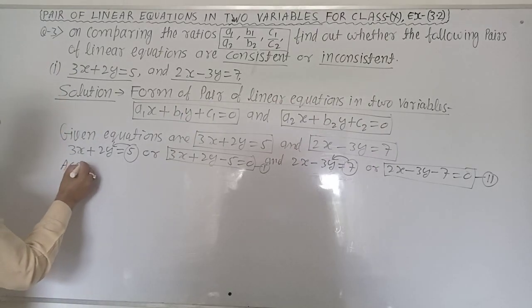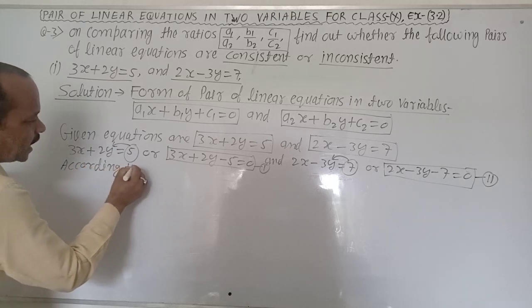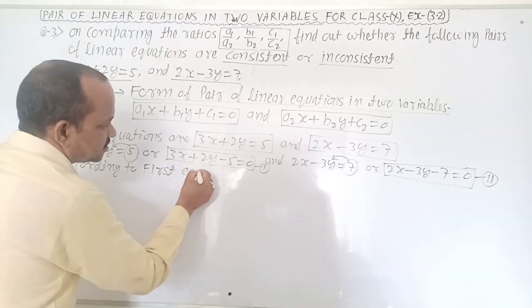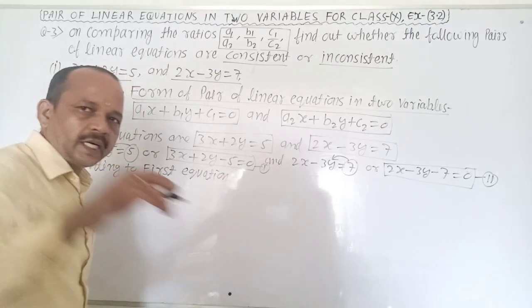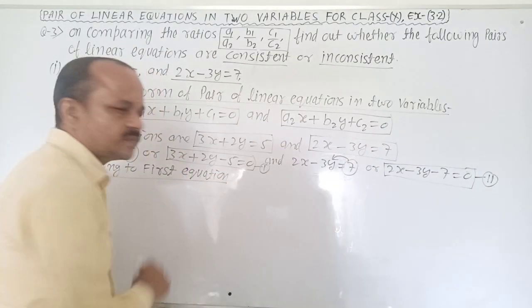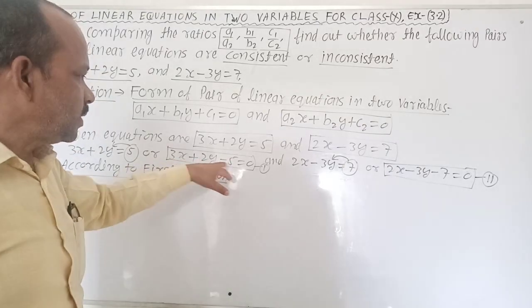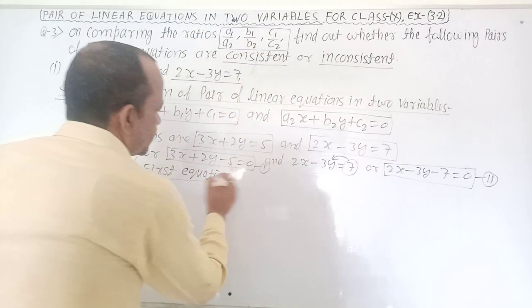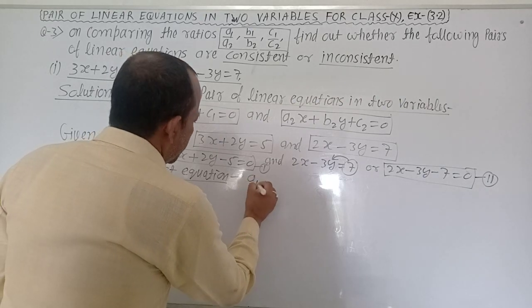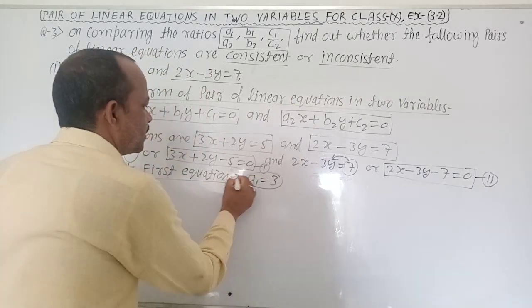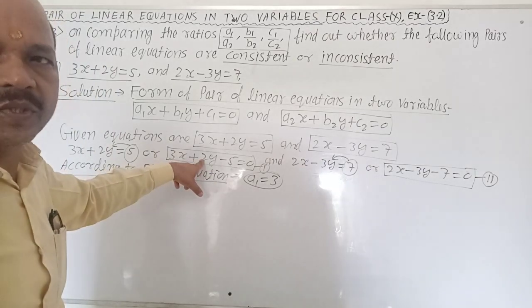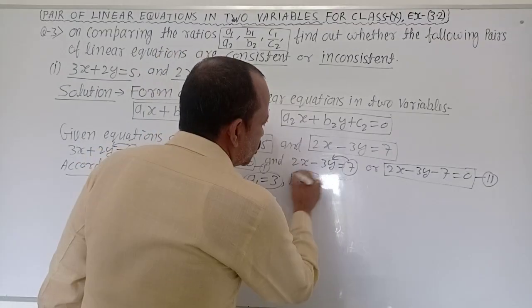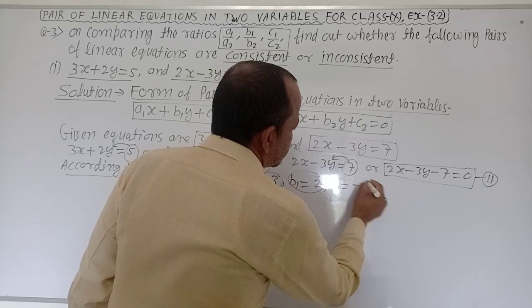According to the first equation, a1 equal to 3, b1 equal to 2, c1 equal to minus 5.